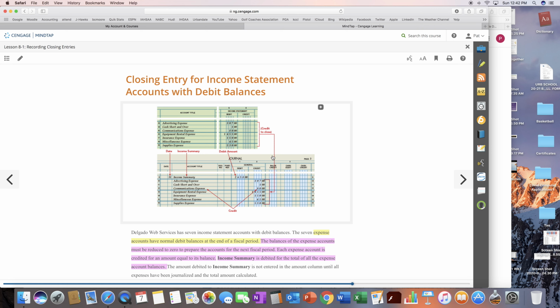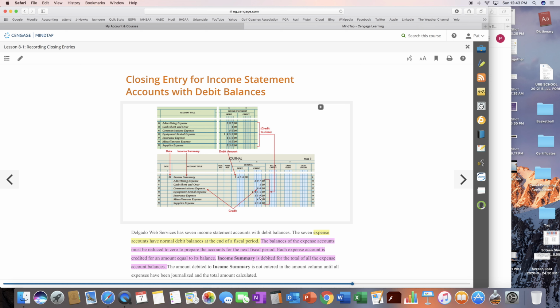The second closing entry is to close all income statement accounts that have a debit balance. This shows you all the expenses have debit balances. So we do the equal amount on the opposite side, and we credit all of these. Advertisements, $397 debit, we credit it, and we do that for all these expenses.